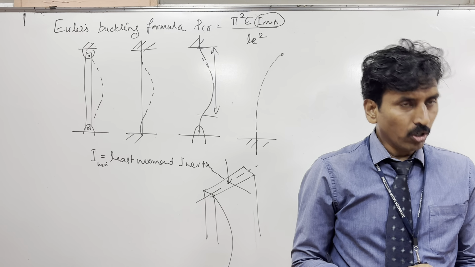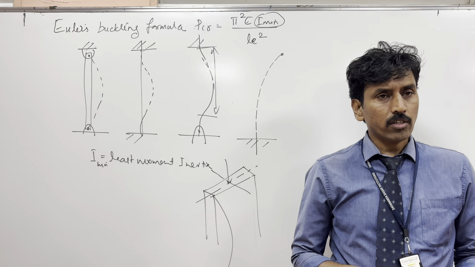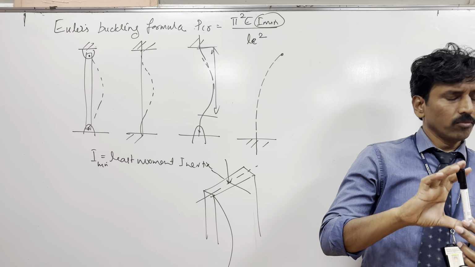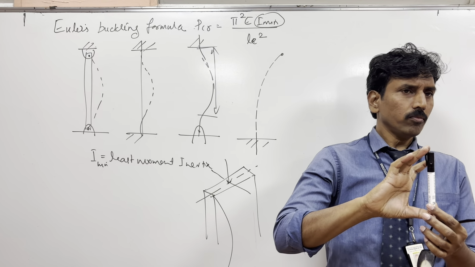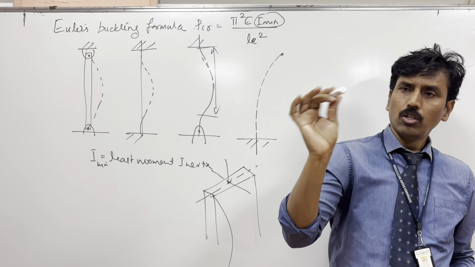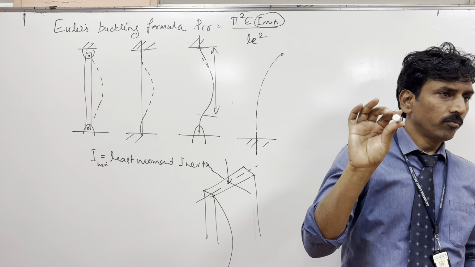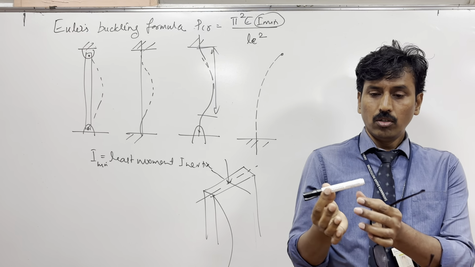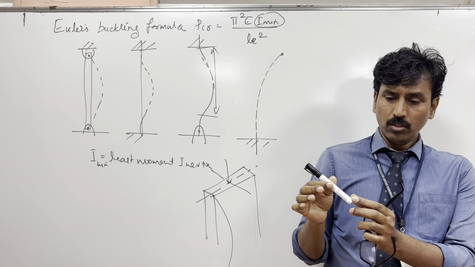And then if you know the effective length, then we can calculate. Now I want you to use your common sense and guess. Suppose you had a metal rod almost the size of this pen. What do you think is the diameter of this pen? 2.5 centimeter? 5 centimeters?